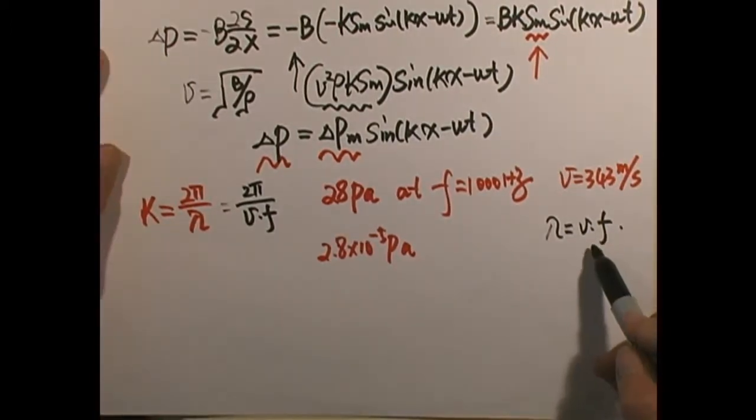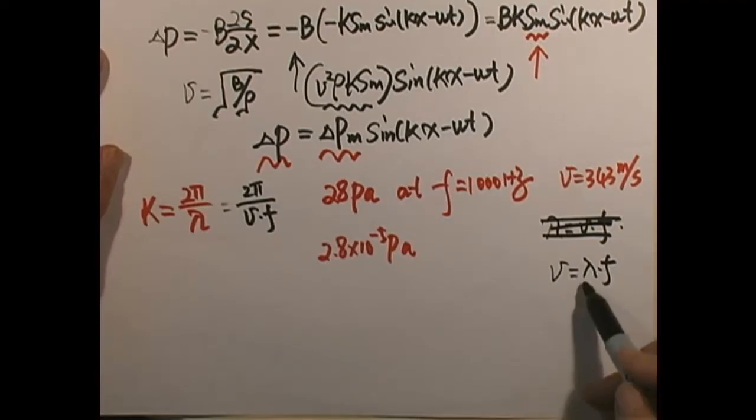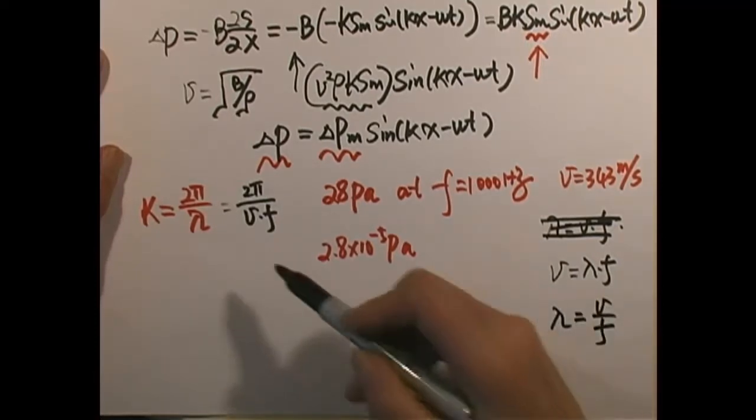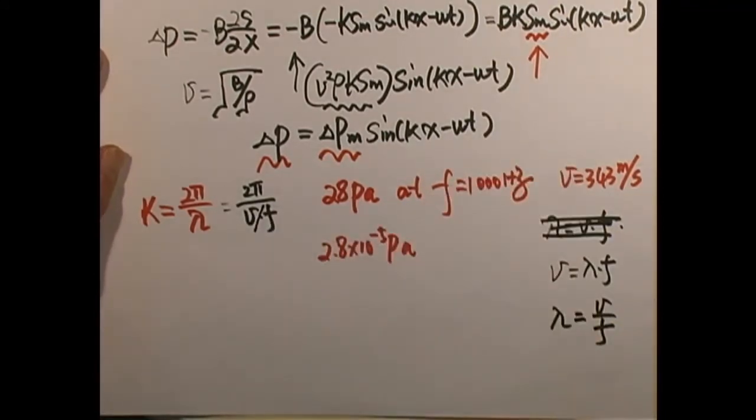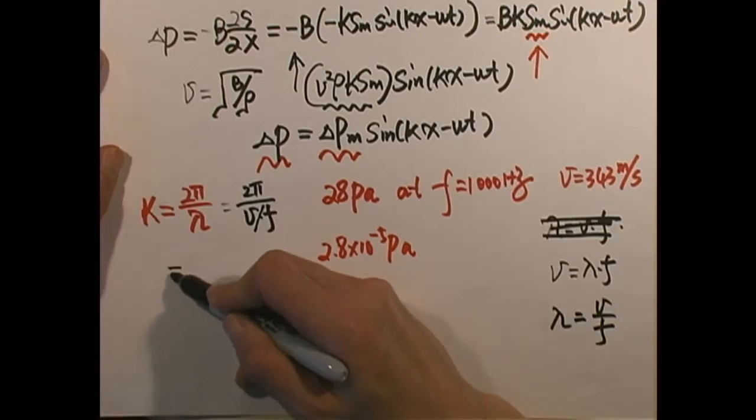Sorry, I should write it the other way: the speed of wave is wavelength times frequency. Therefore, the wavelength is the speed of the wave over the frequency. So the frequency goes to the numerator.